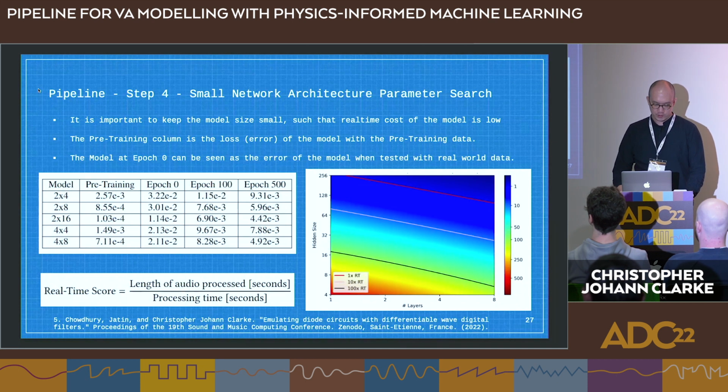In case you would like to know a rough idea of the performance of the network, my co-author Jatin provided a graph of the real-time performance of dense 10H networks as a color graph on the right. This area in the lower left segment, this one, represents network sizes that are around 100 times faster than the duration of the audio being processed.